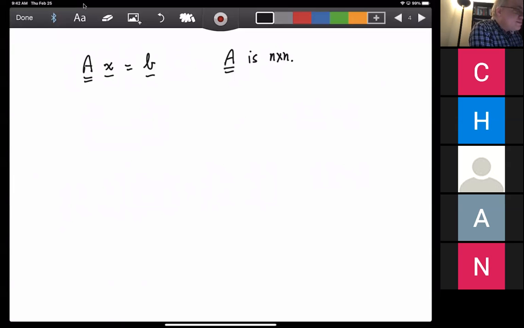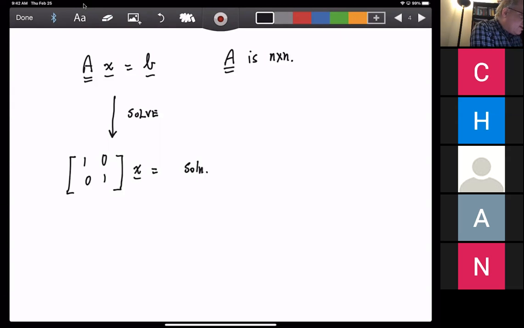Well, the process of solving this, by reducing to RREF form, essentially what we're doing is we're turning our coefficient matrix into the identity matrix. Okay.